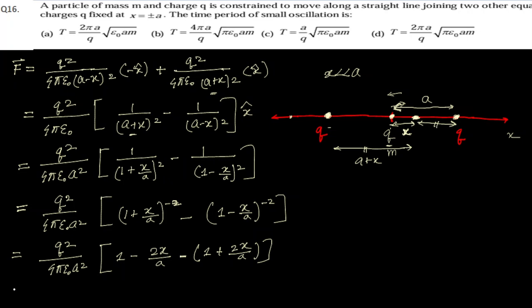Okay, so when you simplify this, finally what will we get? Minus 1 will cancel out, and this will give you minus 4x divided by a.